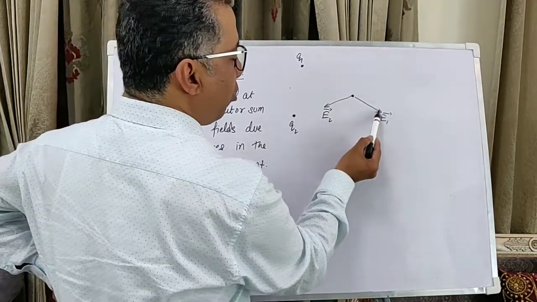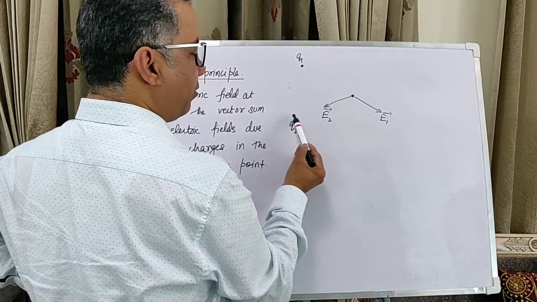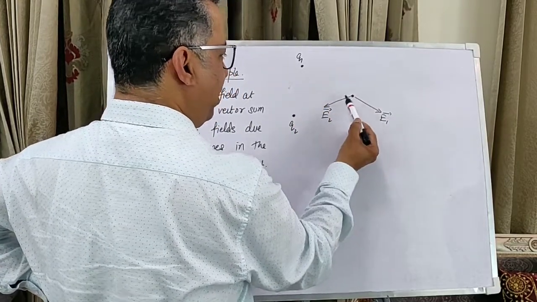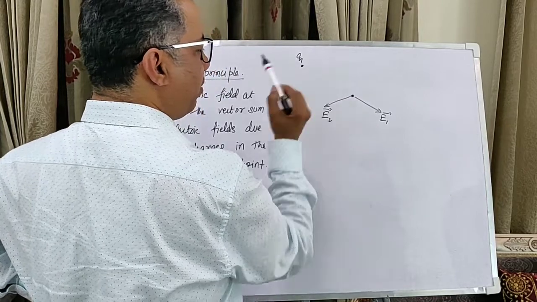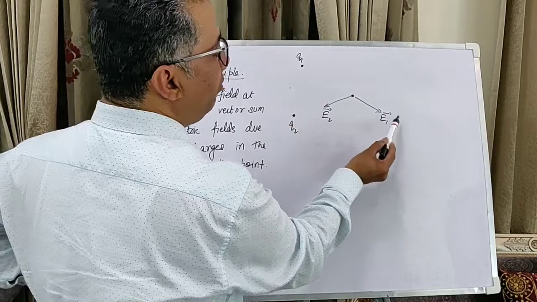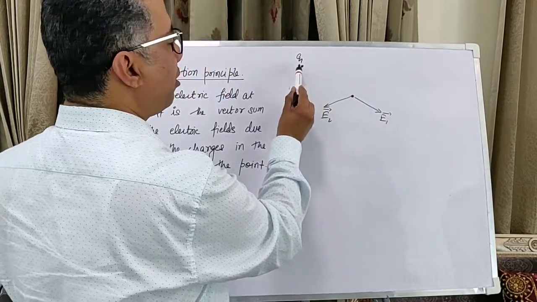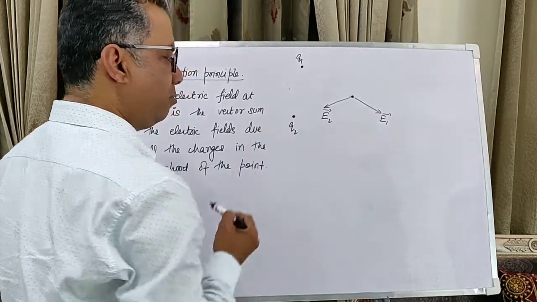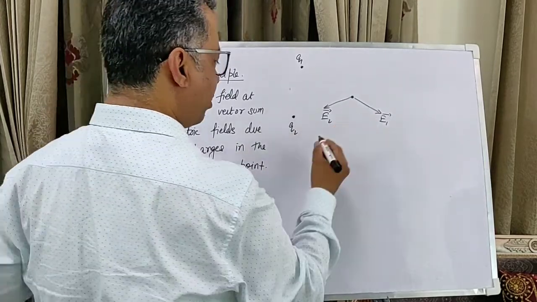Now E1 is not going to be affected by the presence of Q2 because E1 is produced by Q1, and similarly E2 is not going to be affected by the presence of Q1 because E2 is produced by Q2. So E1 is the electric field of charge Q1 alone, E2 is the electric field due to the charge Q2 alone, and so on and so forth.